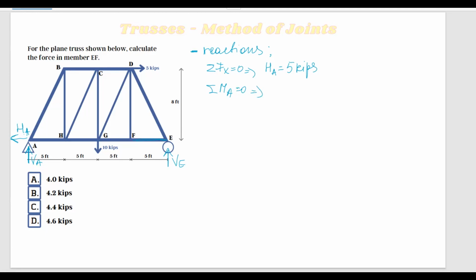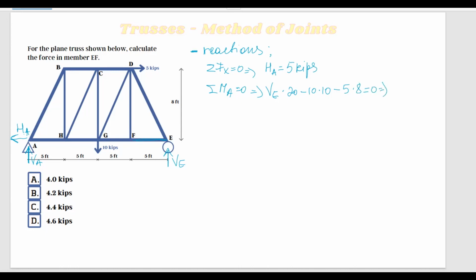Next, we're going to do sum of moments at point A equals 0. From here, we have VE multiplied by 20, minus 10 kips multiplied by 10, and minus 5 kips multiplied by 8 equals 0.